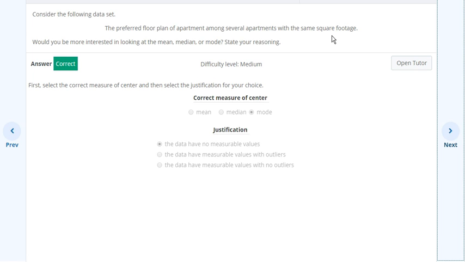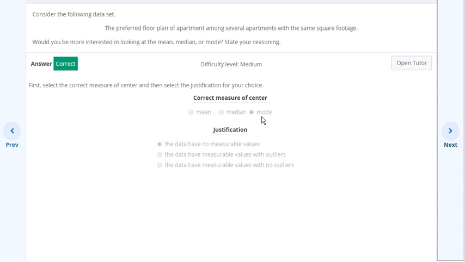So, as we look at this, the mean and the median really have no value here, since they're the same. So you would look at the mode, maybe the number of rooms, the arrangement of the rooms, which have more bedrooms, which have more bathrooms, living room, kitchen, etc. So the student who did this got it correct.